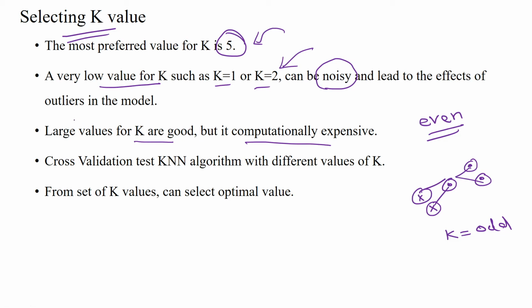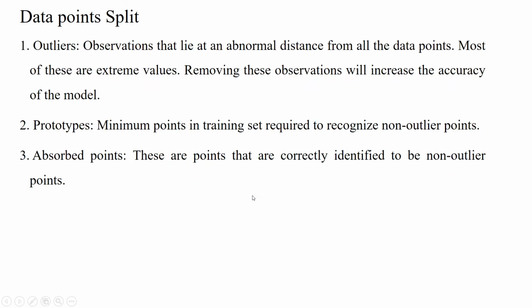If you have a large k value like 7, 9, 11 or 15, it will take more time. With cross validation, the KNN algorithm can be tested using different values of k, and from the set of k values you can select the optimal value.